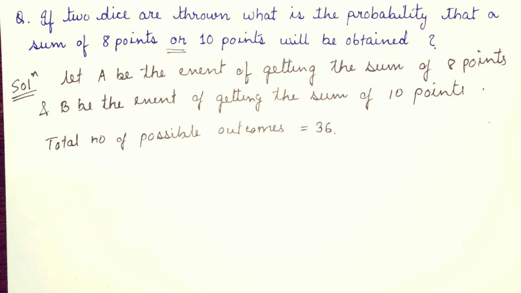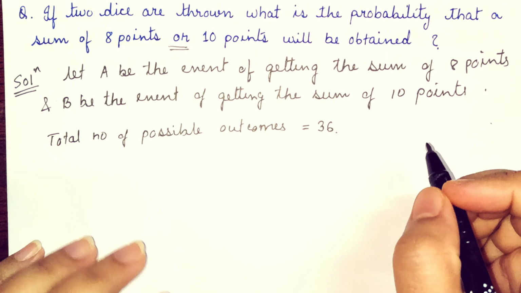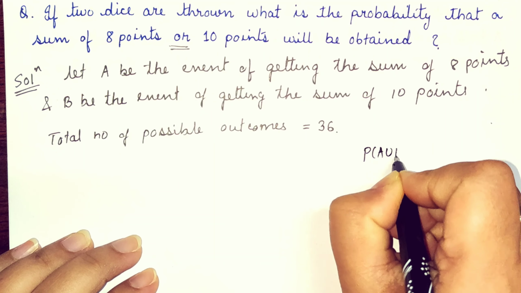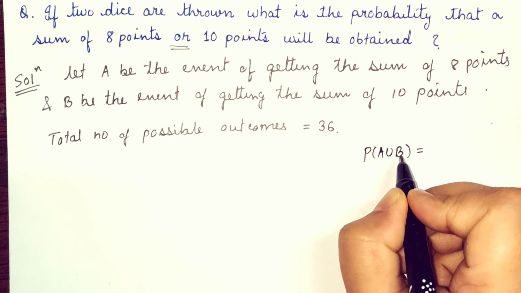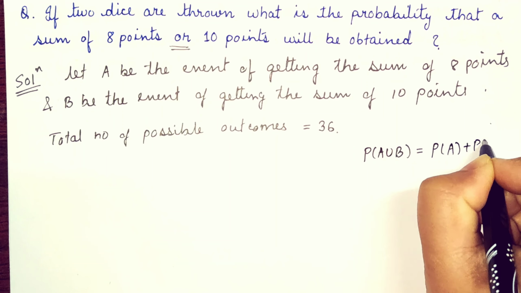Now, the question is given sum of 8 points or 10 points. That means two events are here and these two events are mutually exclusive. That's why we can use the formula P(A union B), which means P(A or B) equals P(A) plus P(B).